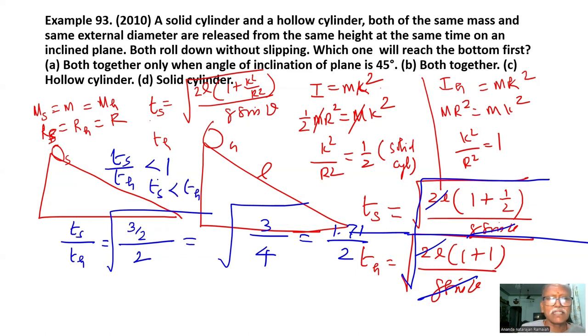Ts is less, therefore the solid cylinder will reach first. That is one way of solving, but you should remember the formula. Tomorrow we'll see how to find it without using this formula. Solid reaches first because Ts is less than Th.